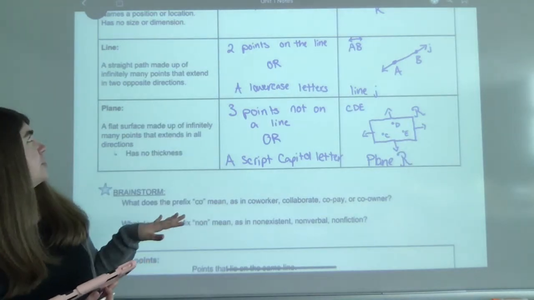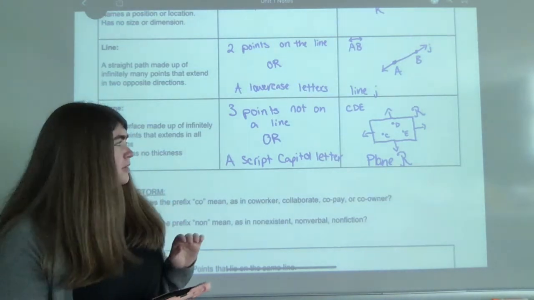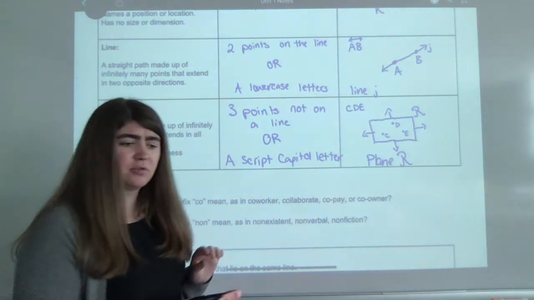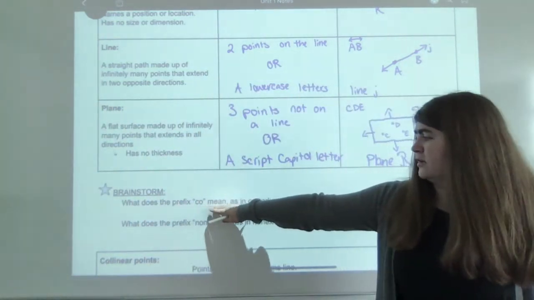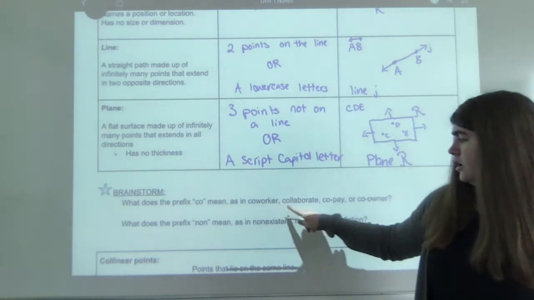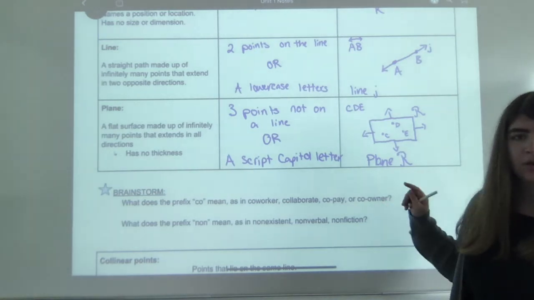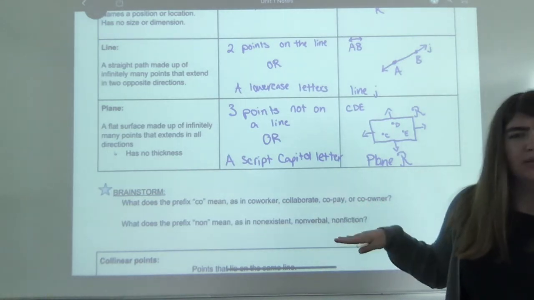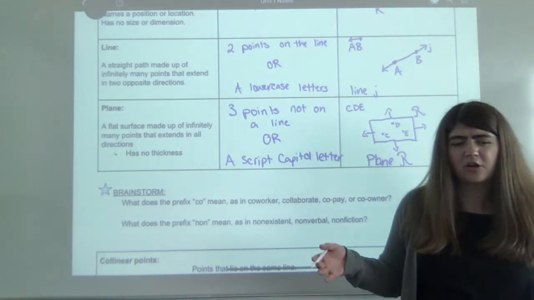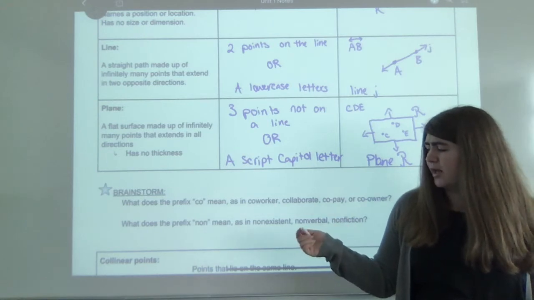Alright, so those are our first 3 vocabulary words. Our next vocabulary words all have prefixes on them, so we're going to take a minute here and brainstorm. What does the prefix co mean, as in coworker, collaborate, co-pay, or co-owner? Co in all of these words might make you think together, with, jointly, and I'm going to go ahead and say together.